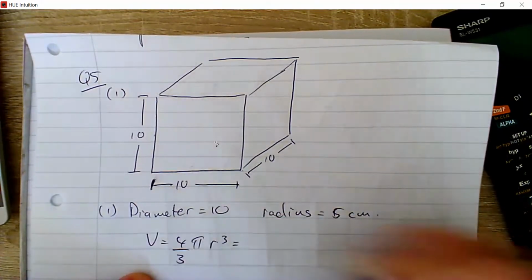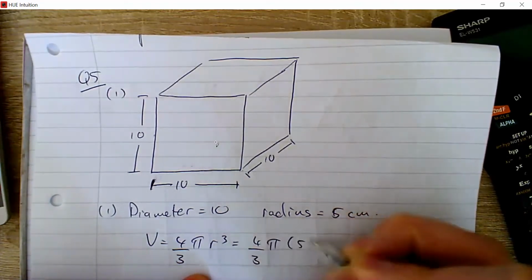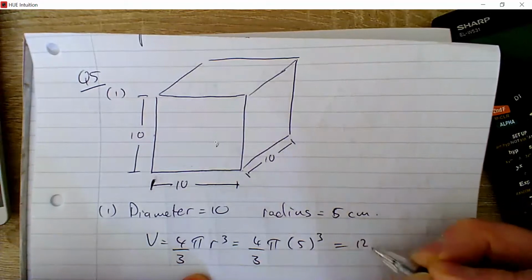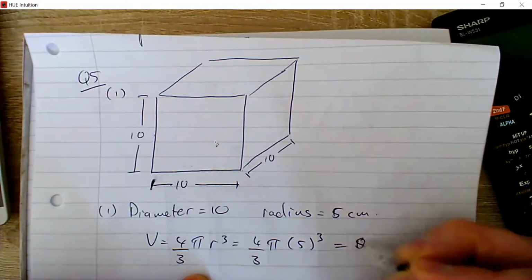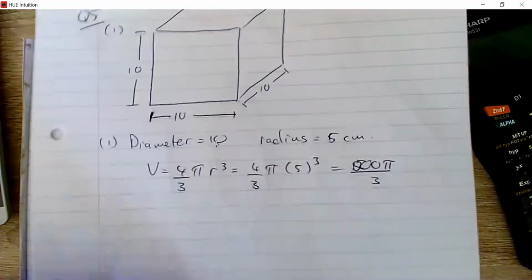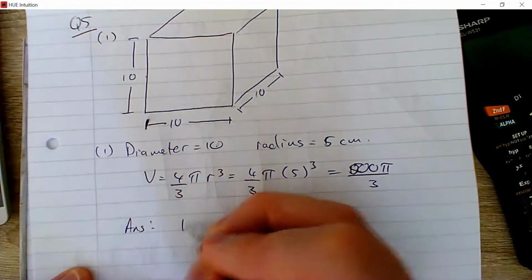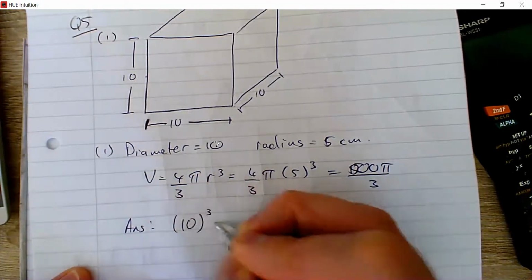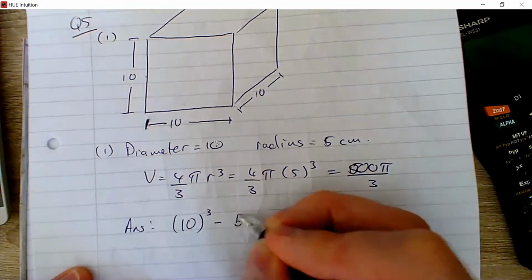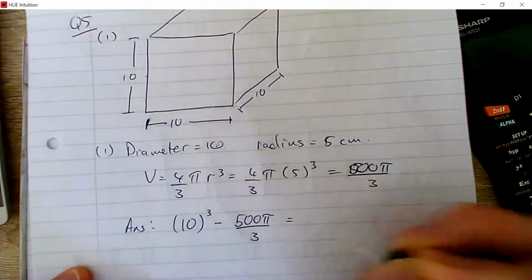And that's going to be 4/3 pi times 5 cubed. That's 125 times 4 is 500 pi over 3. Now the question was how much needs to be chipped away. So your answer is actually the volume of the cube, which is 10 by 10 by 10, minus the volume of that sphere that you're left over with, gives you how much you had to take away.